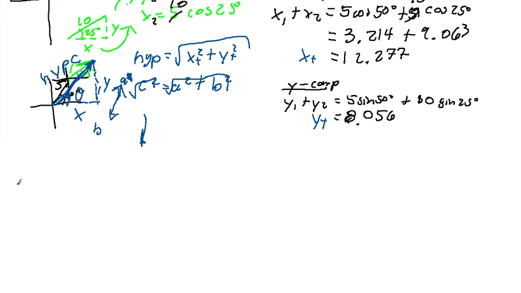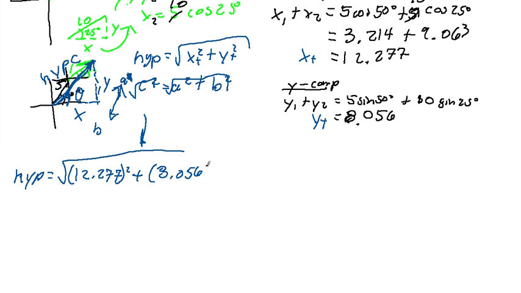now we're going to say the hypotenuse is going to be equal to the square root of 12.277 squared. Notice that if it was a negative, the negative squared will end up being a positive, plus 8.056 squared.